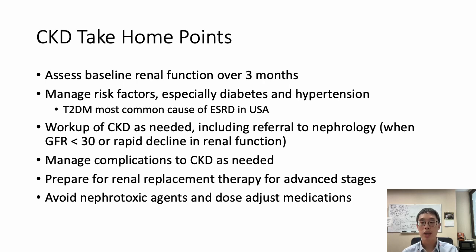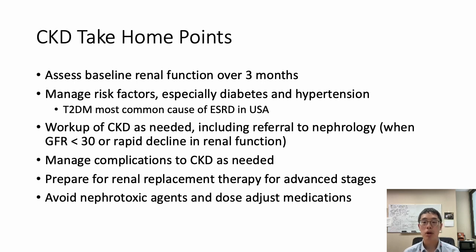In most cases of chronic kidney disease, the medical history will provide a good reason for why the patient does have chronic kidney disease. But in the event that this is still uncertain, please feel free to refer them to us so we can do additional testing or biopsies to understand what is happening to the kidney and help treat the kidney before it gets too late. We also appreciate if you can help us to manage some of the complications of chronic kidney disease, such as high blood pressure, fluid retention, anemia of kidney disease, and metabolic bone disease.